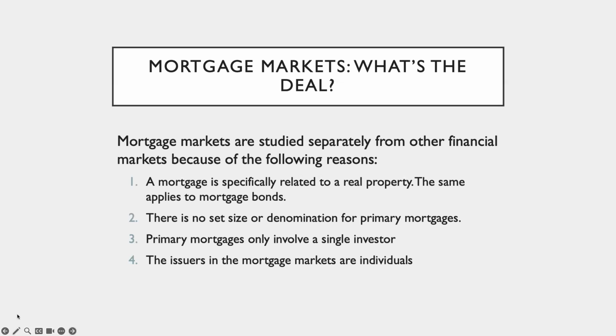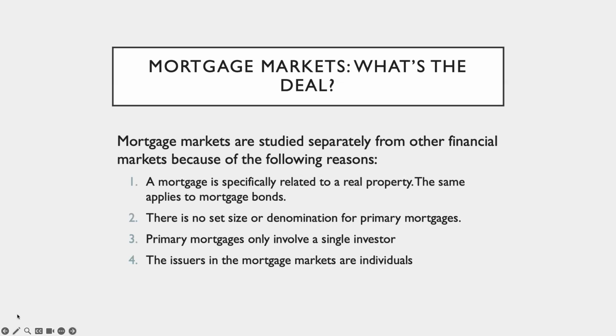Third, primary mortgages only involve a single investor. So in a mortgage, you are usually talking to the borrower or the party who is responsible for paying the mortgage.